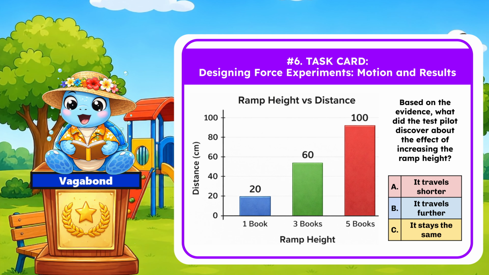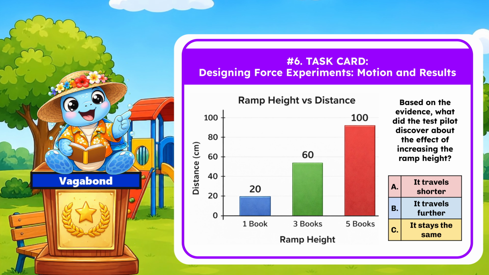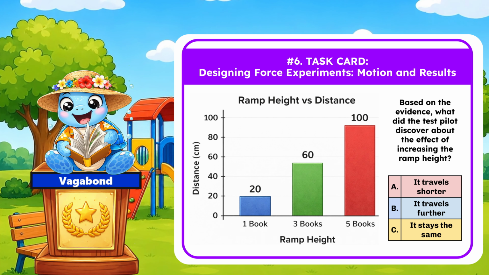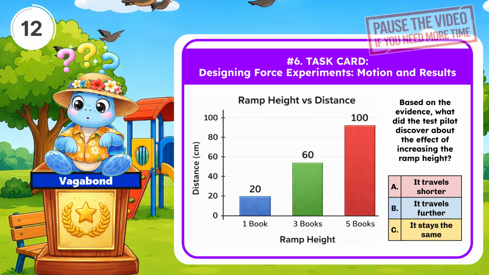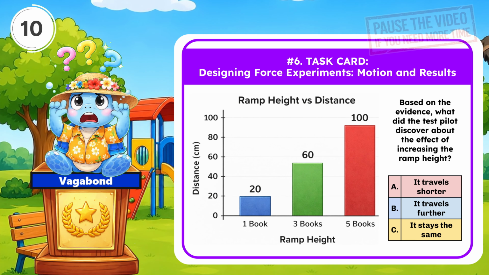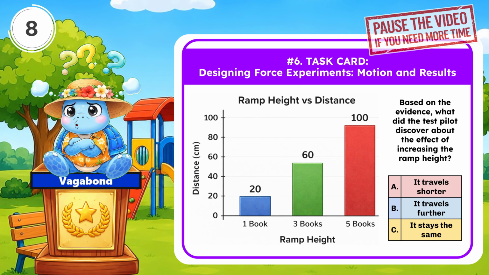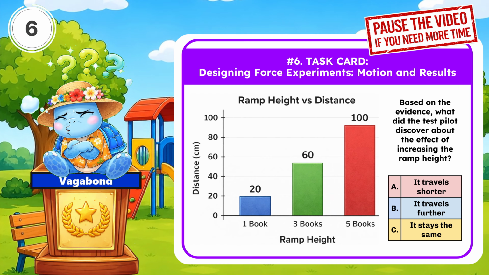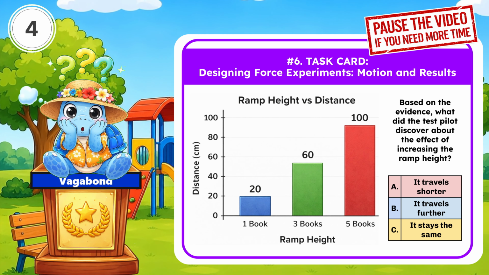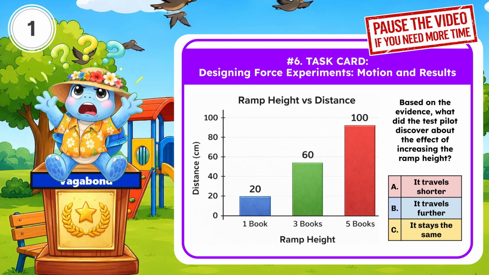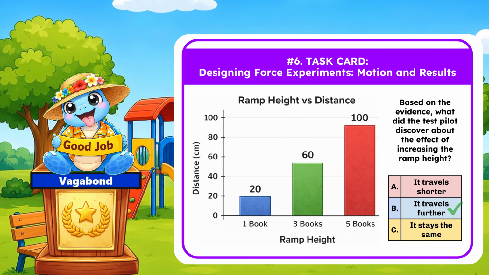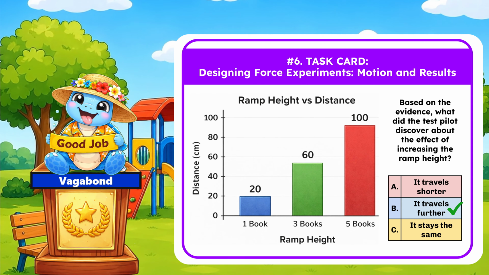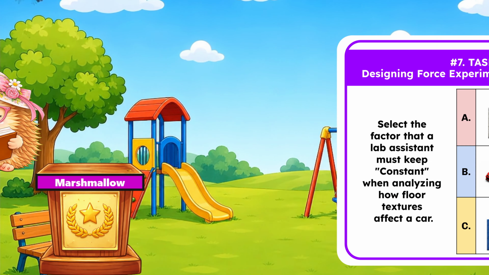Based on the evidence, what did the test pilot discover about the effect of increasing the ramp height? And the correct answer is letter B, it travels further.